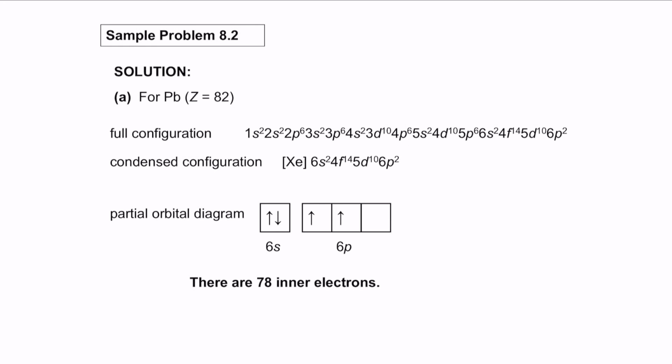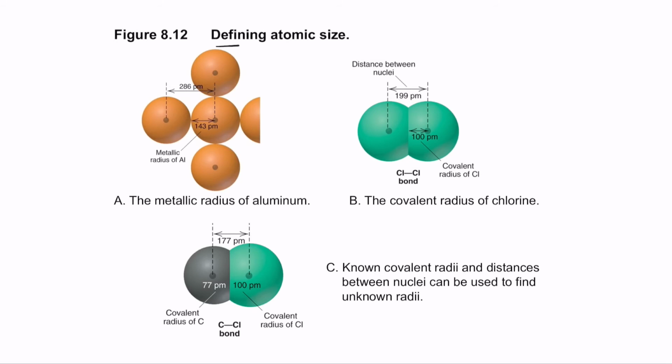So this is about electronic configurations. Next, let's talk about atomic size. There are three types of atomic radii: metallic radius, covalent radius, and ionic radius. Metallic radius is half the distance between the centers of the nuclei of adjacent atoms in a metal.